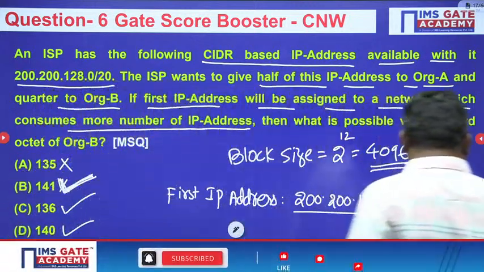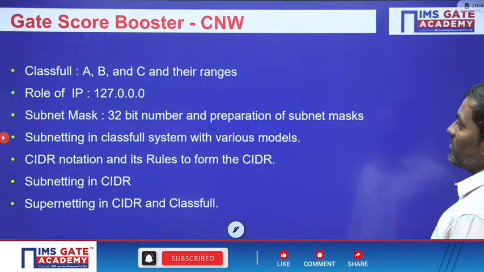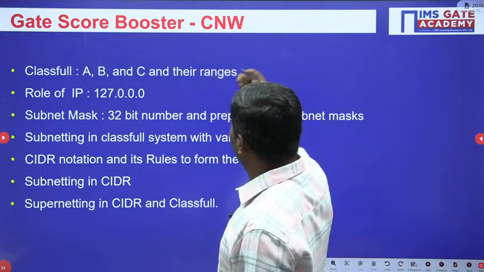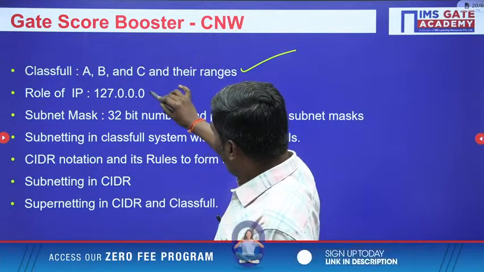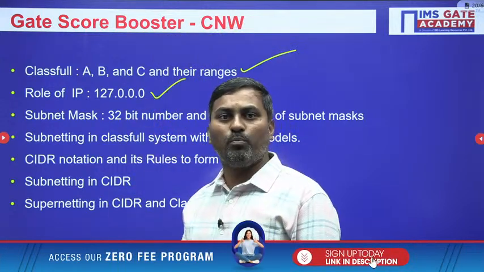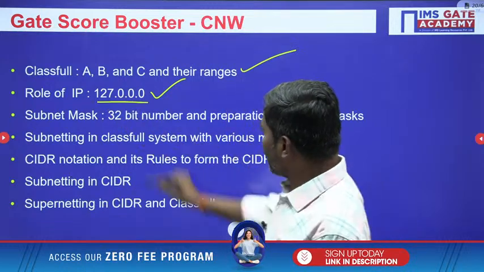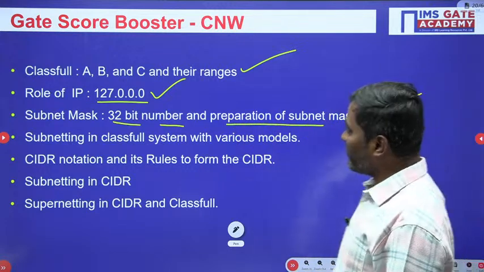Okay, we'll move on, but understand the overall conclusion. These are the things that need to be focused on. Classful addressing: you should know all the class A, B, C ranges, and the role of 127, which we call the loopback address. Subnetting: the 32-bit number and preparation of the subnet mask by giving different networks.